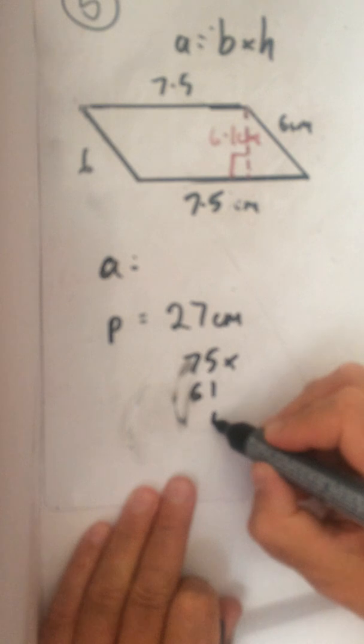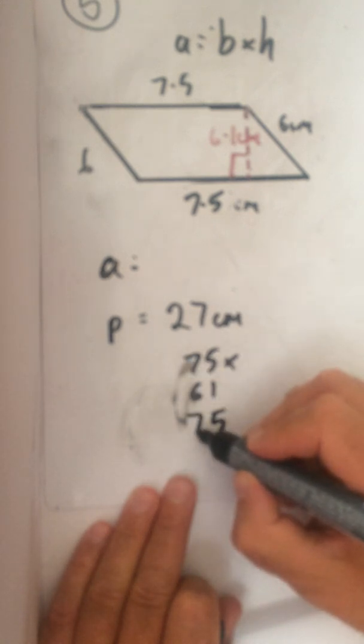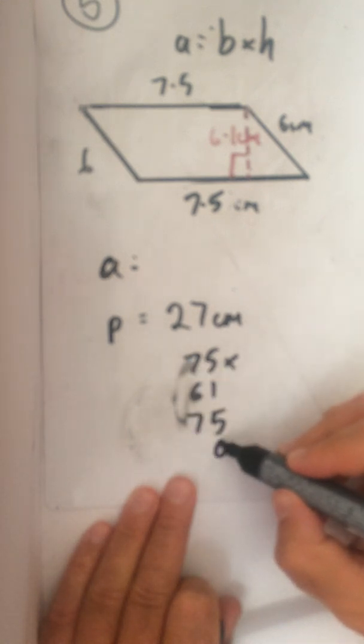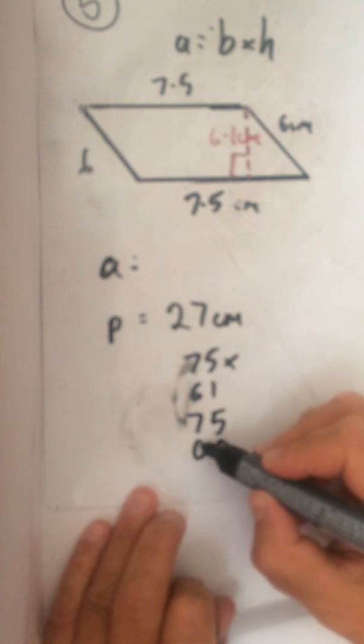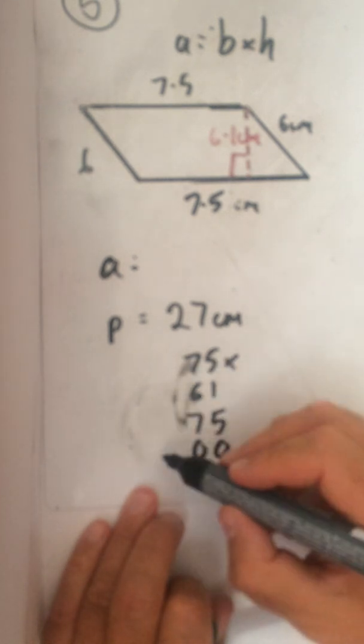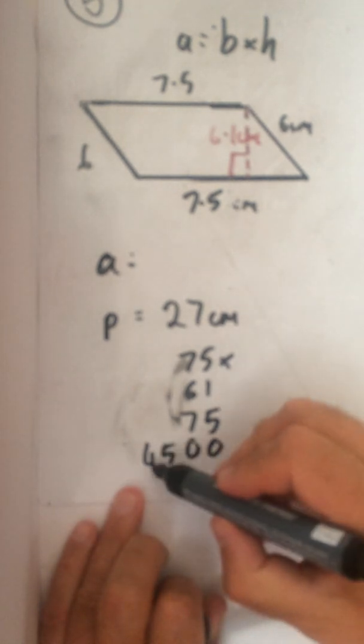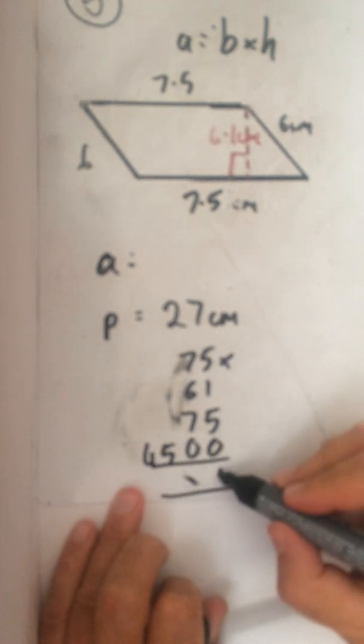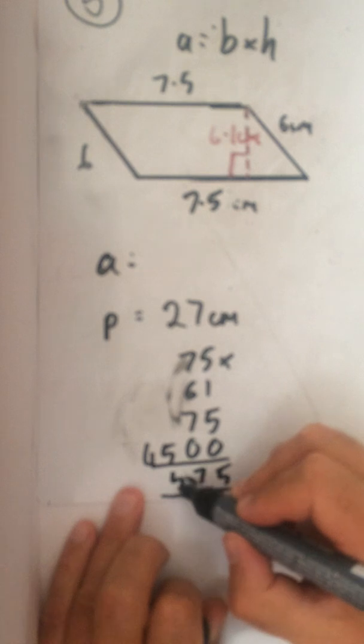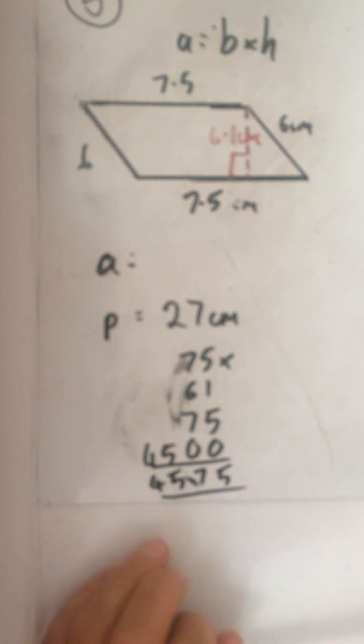1 5 is 5, 1 7 is 7, most important thing in the world, 6 5 is 30, not forgetting to carry the 3, 7 6 is 42, add 3 is 45, so let's add those up: 5, 7, 4, 5, 7, 5.